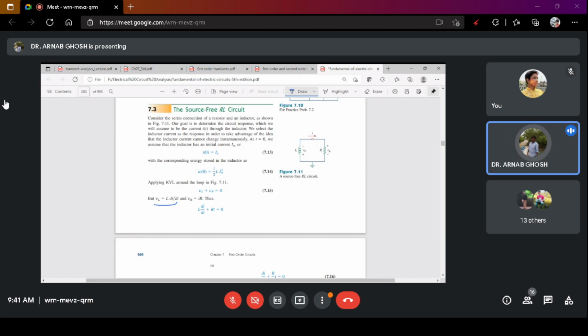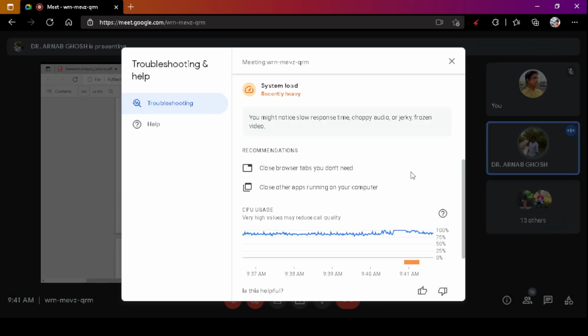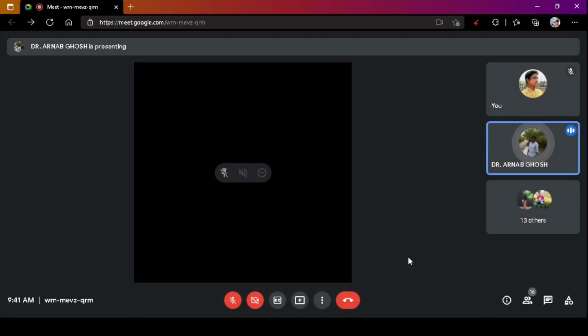When I am assuming an inductor, which stores energy in a magnetic field, that will be entirely dependent upon the current. So let us say the initial stored current is I0. What is the initial energy stored in the inductor? That is half into L into I0 square, by the formula.